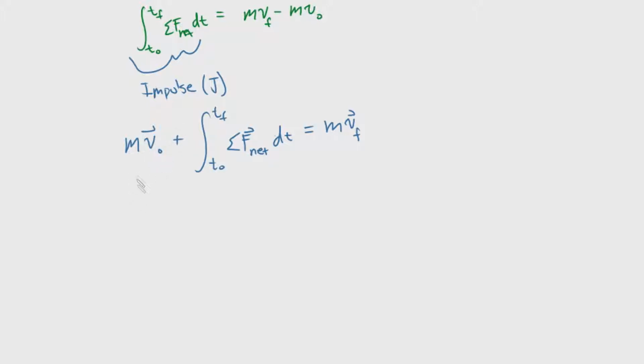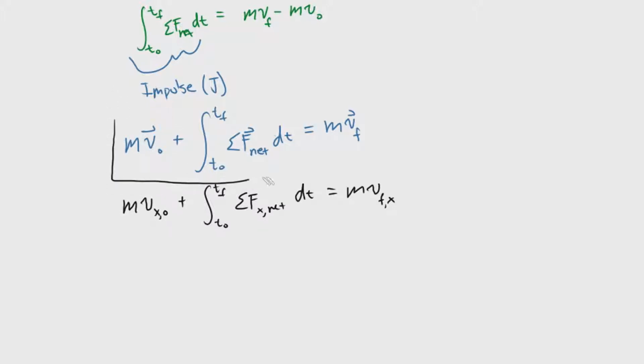So I could say m v x naught plus the integral from t naught to t final of the net force in the x direction dt equals m v final x. You could isolate each component and then just apply the impulse momentum equation.